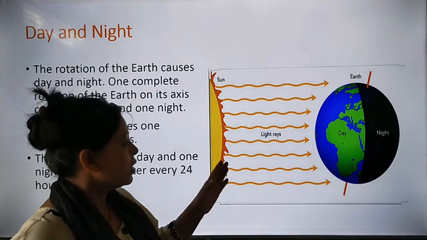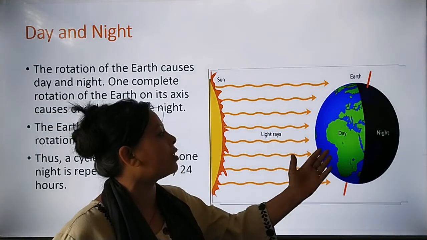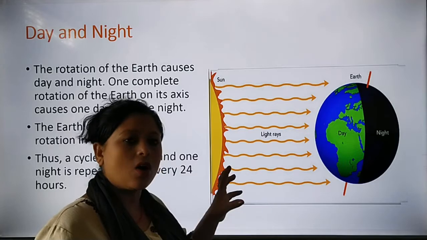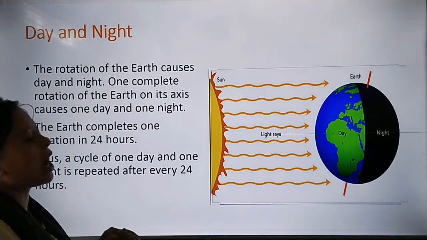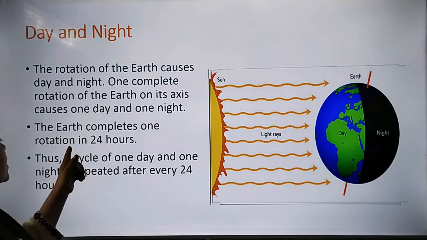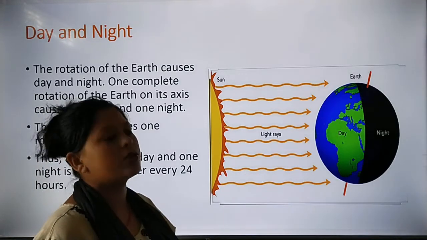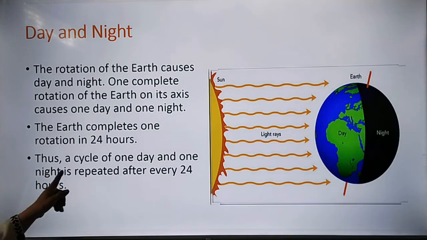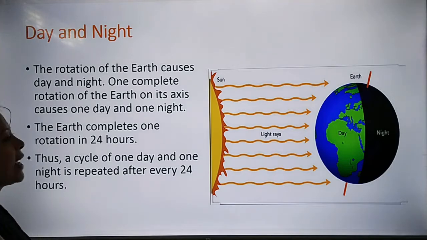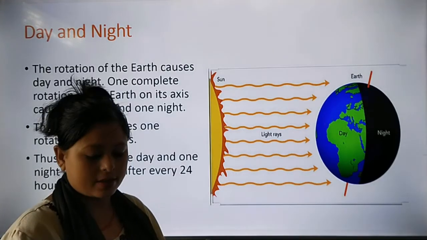How many hours does one complete rotation take? 24 hours. The earth completes one rotation in 24 hours. Thus, a cycle of one day and one night is repeated every 24 hours.